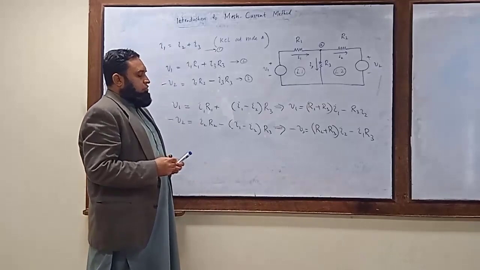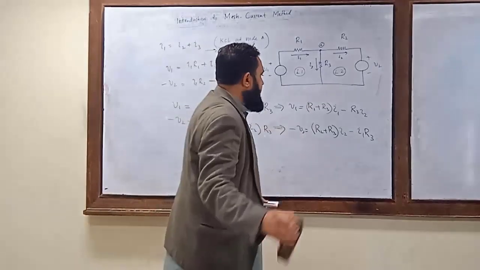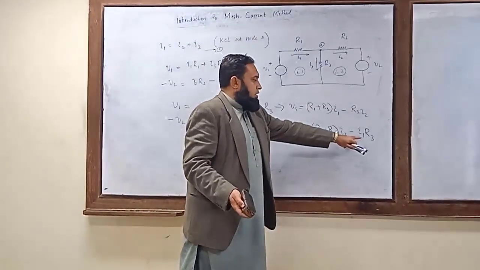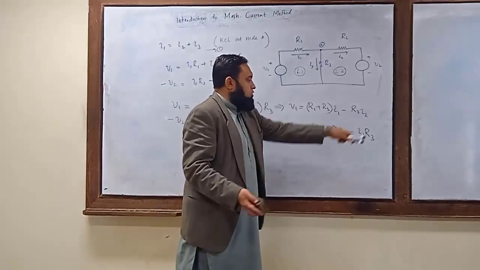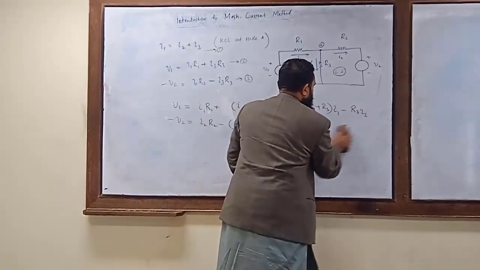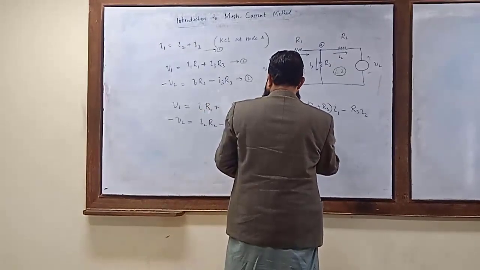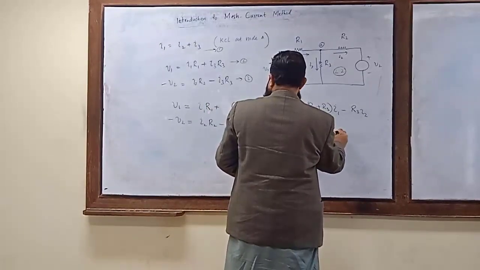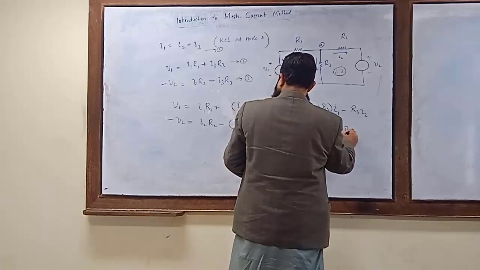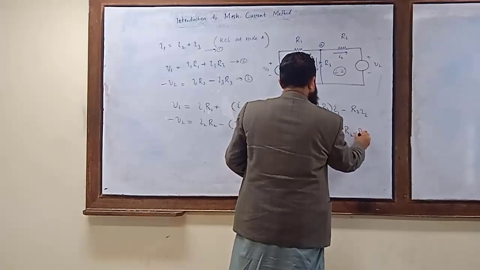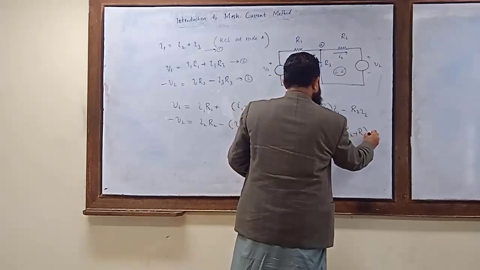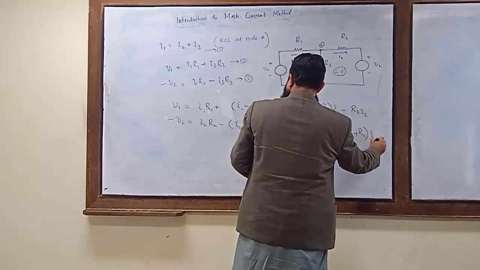So if you rewrite this expression so that I1 appears first and I2 appears second, you can write this as minus I1 R3 plus R2 plus R3 times I2.